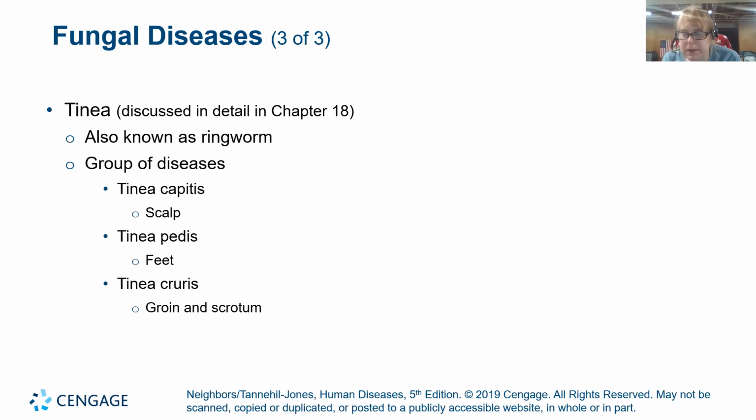Same with their feet. The groin and scrotum, especially in infant boys, is prone to this because it likes to grow in warm, dark environments. And when their diapers are wet and warm and dark, there you go.